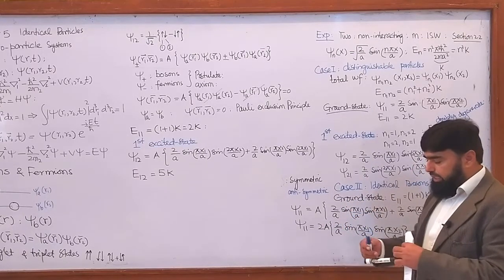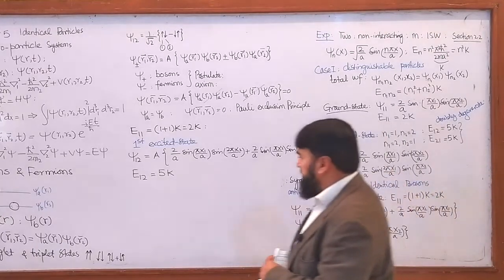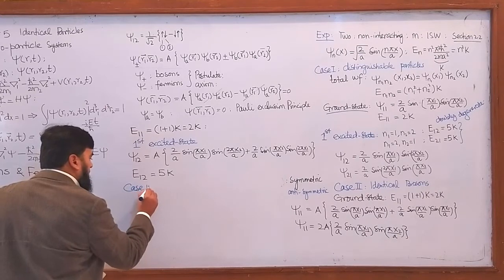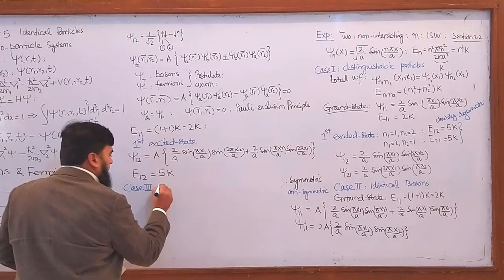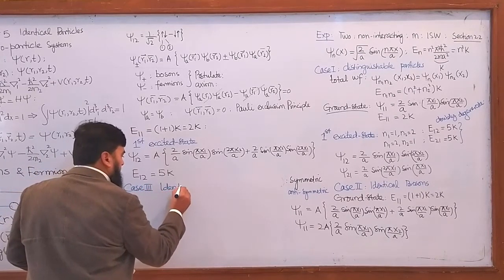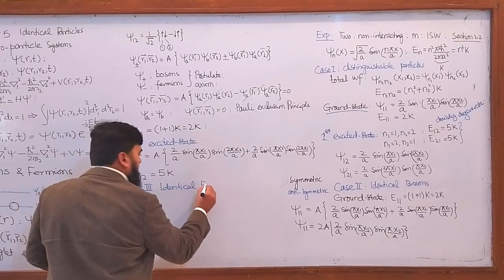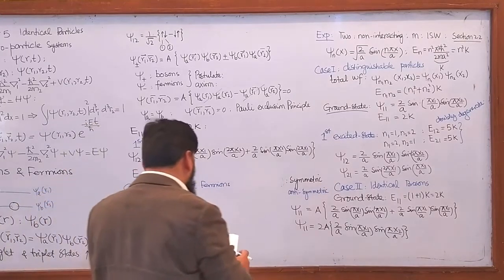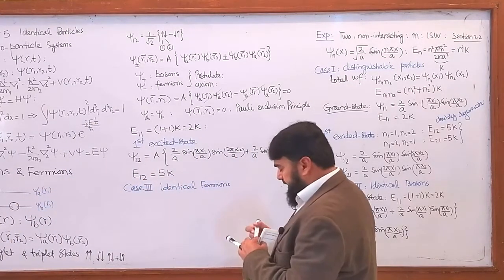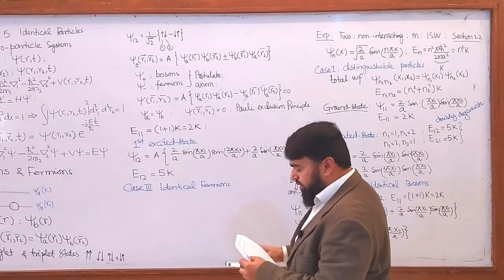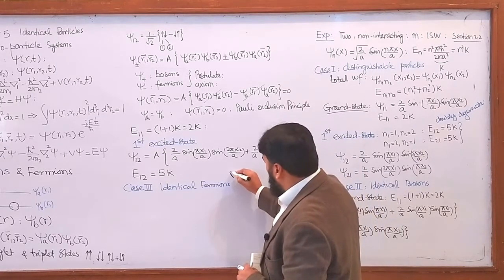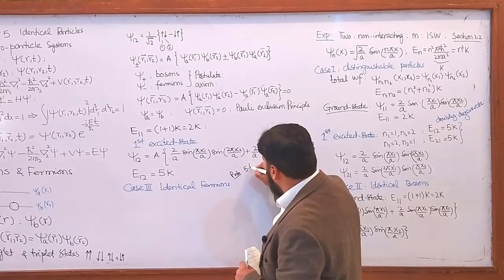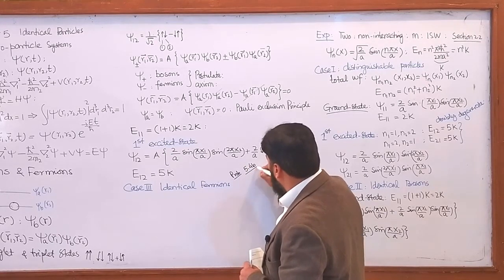And now we come to case 3. And case 3 is the identical fermions. Now, this identical fermions I am solving, but this is your problem 5.4b. The A part you should solve.